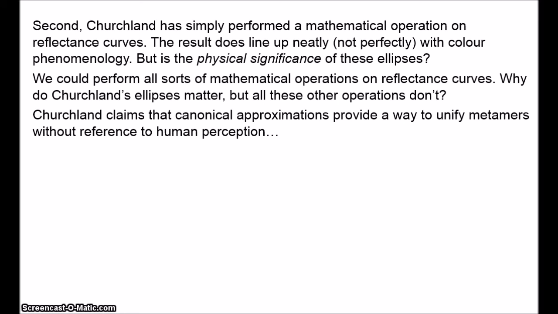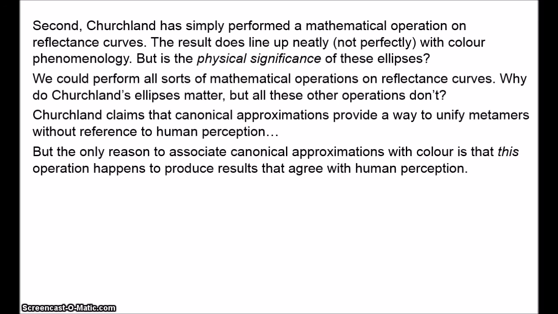Churchland claims that canonical approximations provide a way of unifying metamers without reference to human colour vision, but the only reason to associate that mathematical operation with colour is that this is the mathematical operation that produces results that match human colour phenomenology. Certainly no scientist cares about canonical approximations.